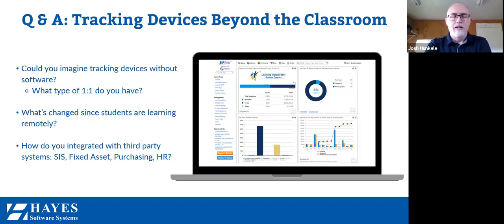Sure. So we do have a device AUP that the students sign, as well as a Chromebook sign-out form that the parents also sign off on pre-COVID, that identifies that they'd be responsible for deliberate damages to the devices. We're fully aware accidents happen.